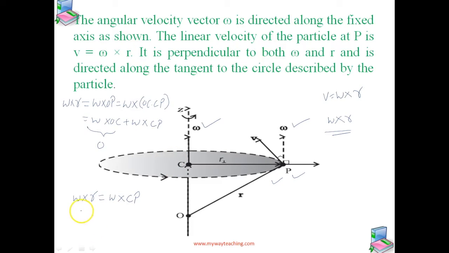So we can write v is equal to w cross r. So this equation holds good even for rotation of a rigid body with one point fixed, such as the rotation of the top. In this case, r represents the position vector of the particle with respect to the fixed point taken as origin.